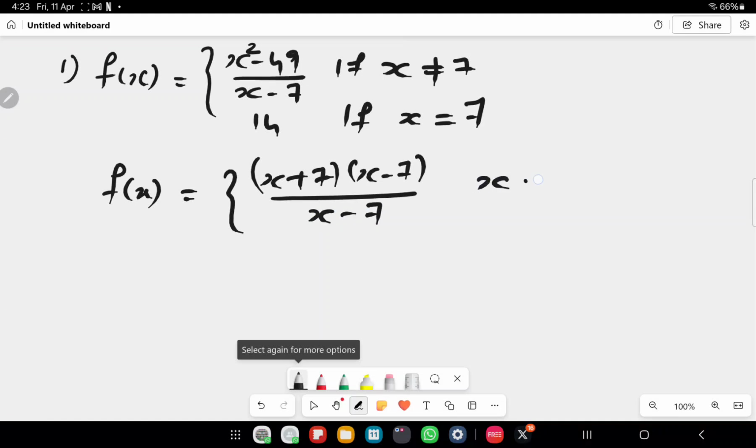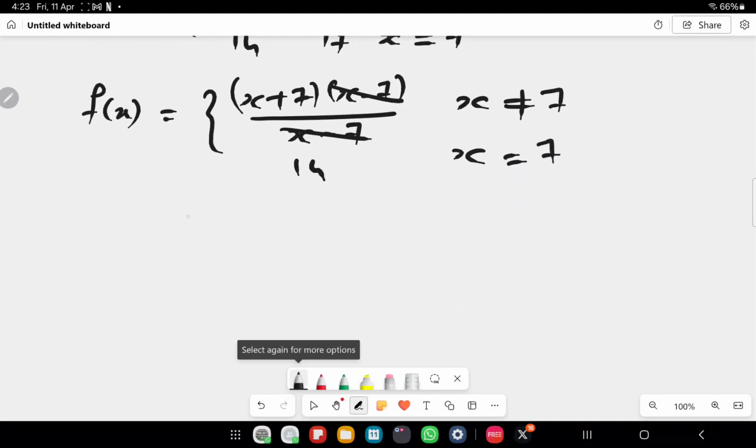So for x not equal to 7, what did I get? This x minus 7 cancelled, and as in the question, it is 14 for x equal to 7. Now if you find LHL, left hand limit x tends to 7 minus, we are checking at the point 7, the point of partition.